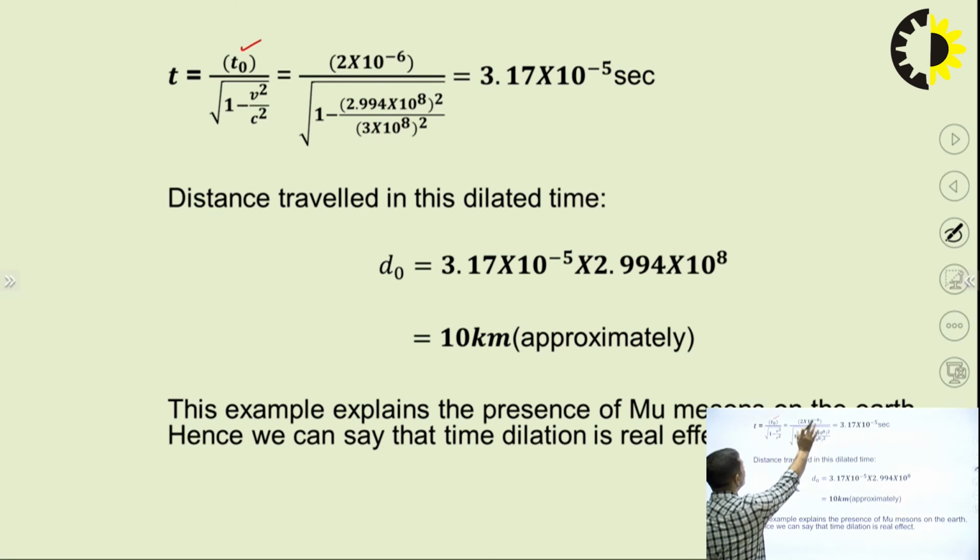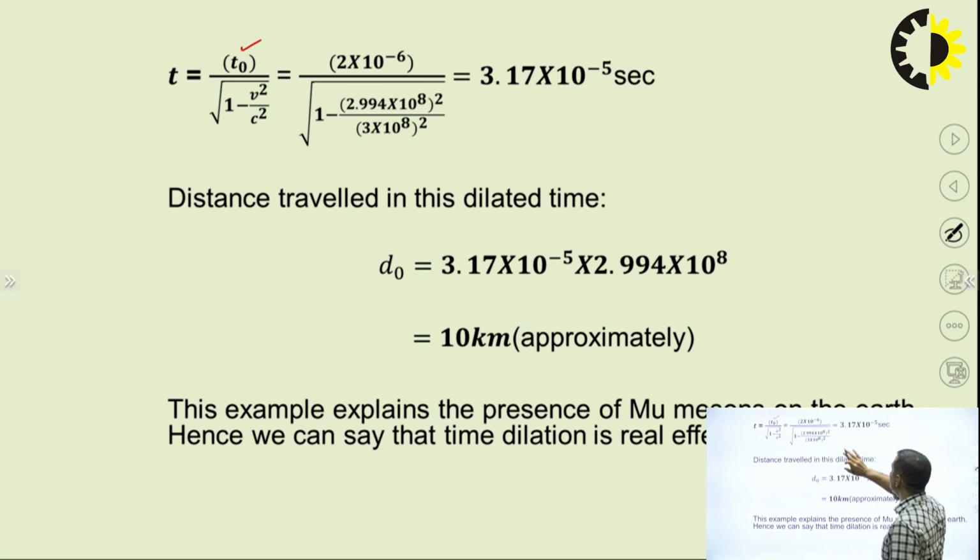If you put in the values of t₀ and the velocity of light, the value will be 3.17 × 10^-5 seconds. This will be the dilated time, with respect to the earth, that is, the observer on earth who is in a different frame of reference.